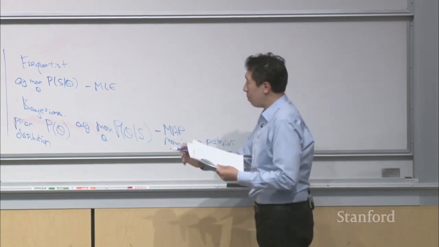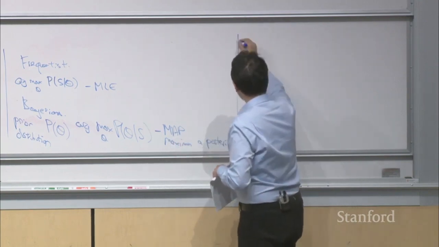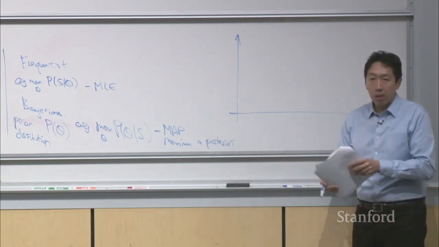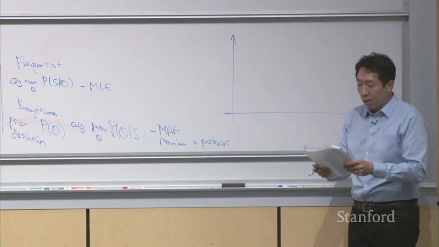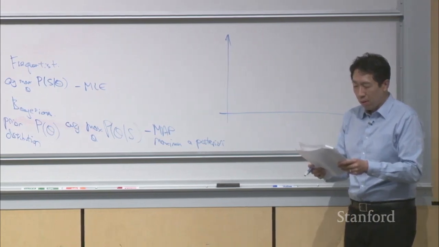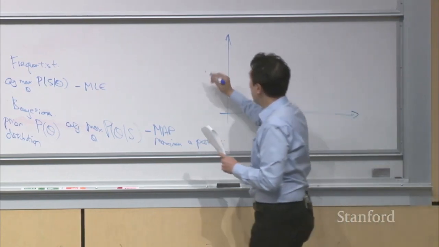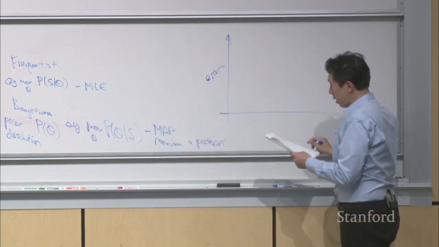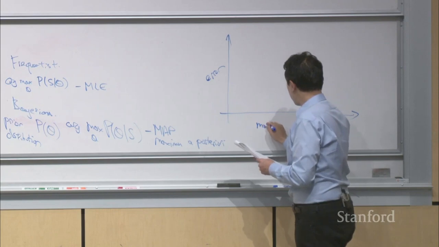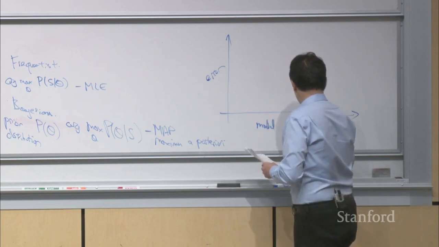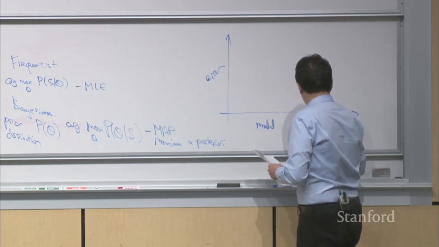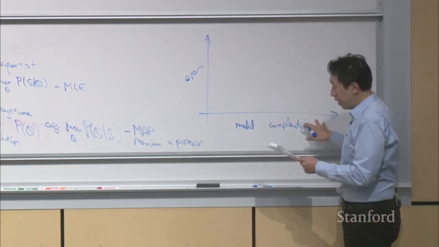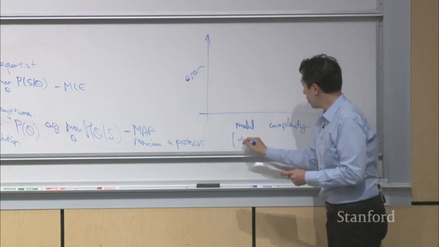Let's talk about, in a discussion on regularization and choosing the degree of polynomial, let's say I plot a chart where on the horizontal axis I plot model complexity. So how complicated is your model? For example, to the right of this curve could be a very high degree polynomial.